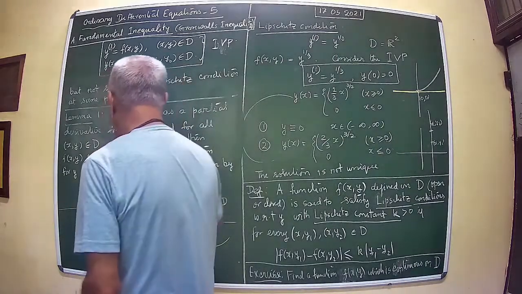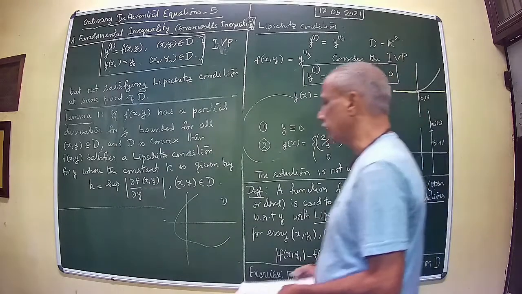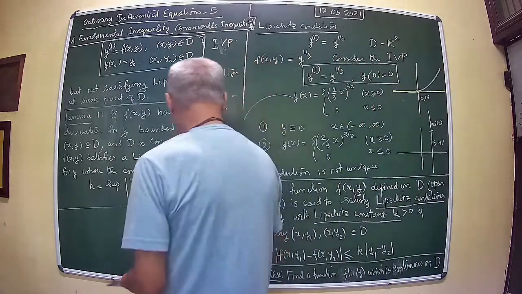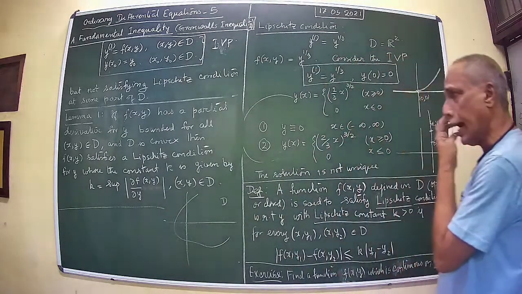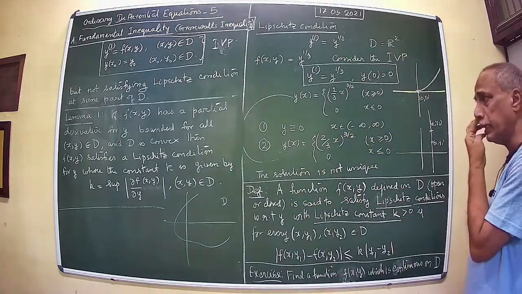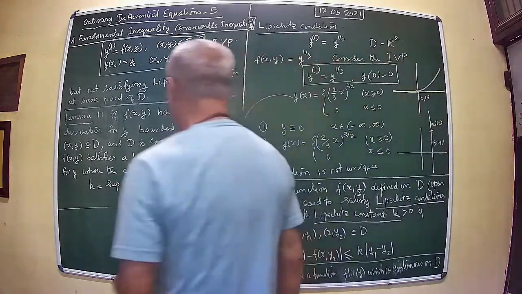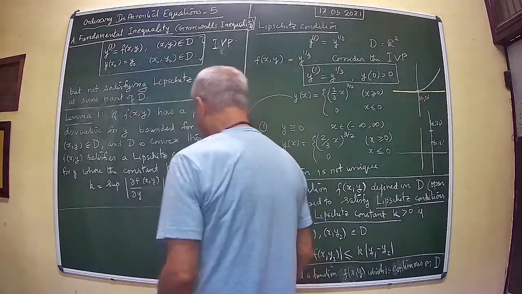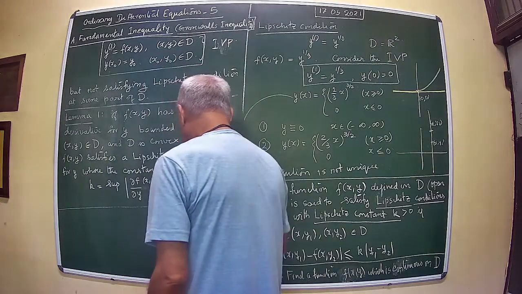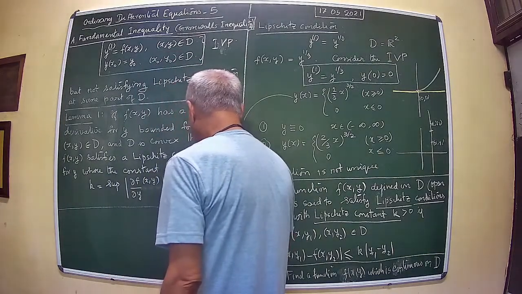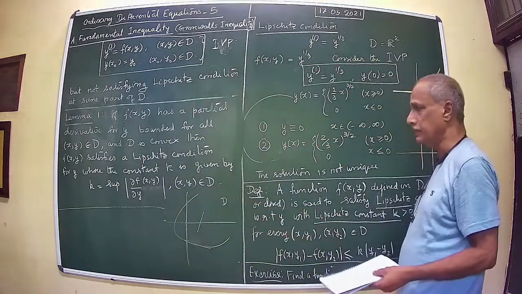It is differentiable with respect to y on the whole of D, and the derivative is bounded for all (x, y) belonging to D. And D is a convex region, which means, what does it mean? It means that if you take any 2 points, the entire line segment joining them lies inside D. That is the convexity.